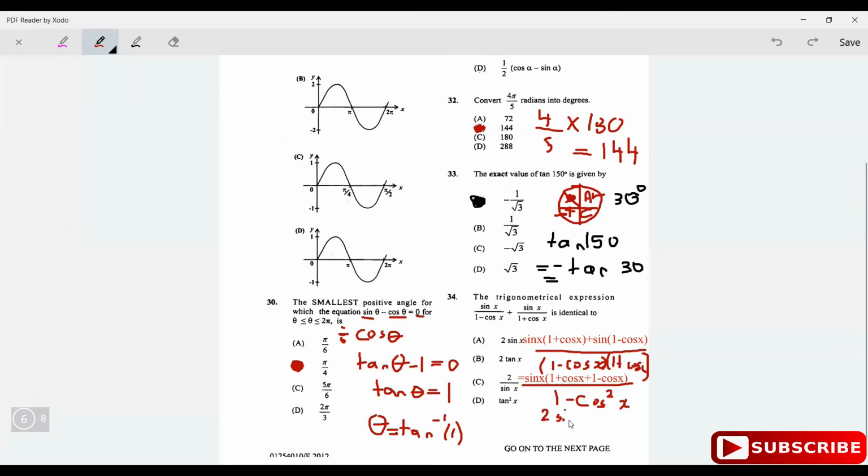Over, 1 minus cos squared is sin squared, so you get 2 sin x over sin squared x. But a sin x from the numerator cancels a sin x from the denominator, and so you get 2 over sin x. That is the answer, 2 over sin x. Option C.